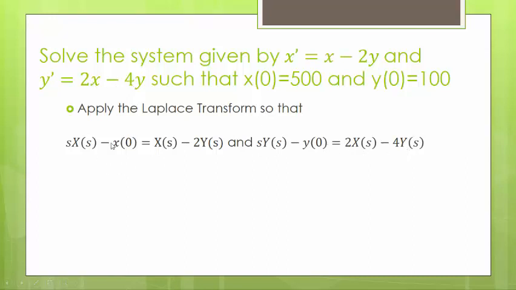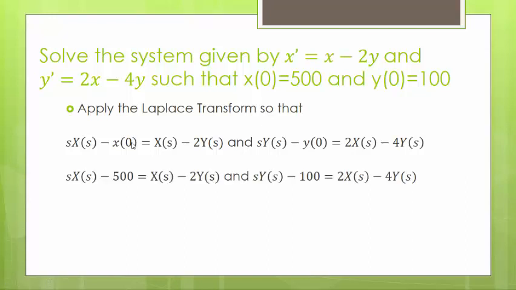Now I have a system, and you might think of this as a system of linear equations, like in algebra. I'm going to have to solve this somehow. You'll notice I went ahead and substituted my initial values so that I just have those constants filled in. So 500, 100. That was given to you in your last test in a predator-prey model.